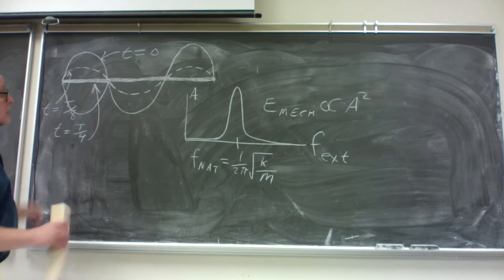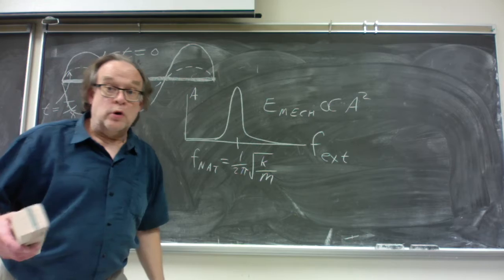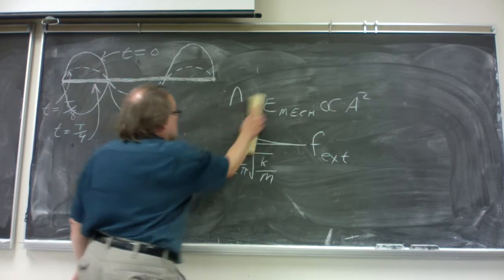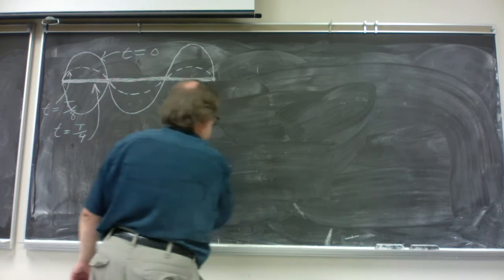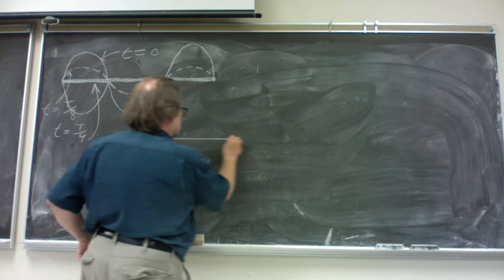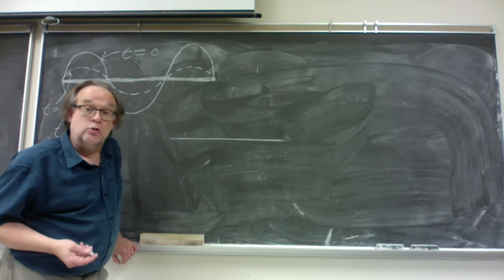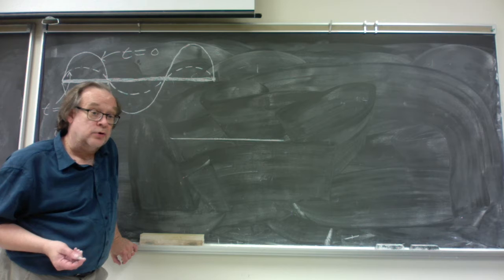So I shouldn't draw any more in that diagram, I'll just draw a new one. So that's the way the string would look if it were not vibrating at all.